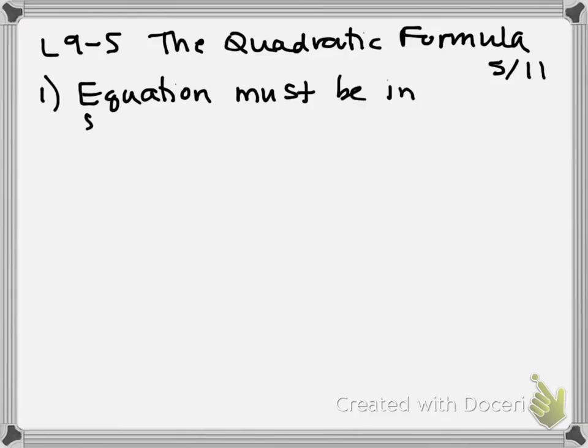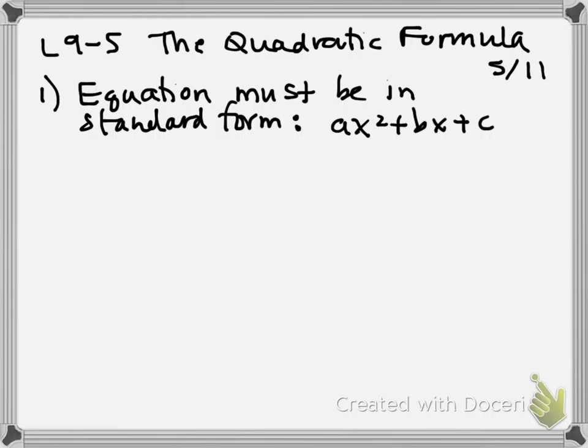In standard form, which is ax squared plus bx plus c equals 0. And just like I've been asking you to do, remember when we were graphing earlier in the chapter and I asked you to identify your a, b, and c.